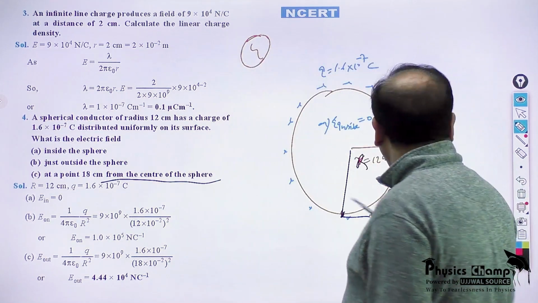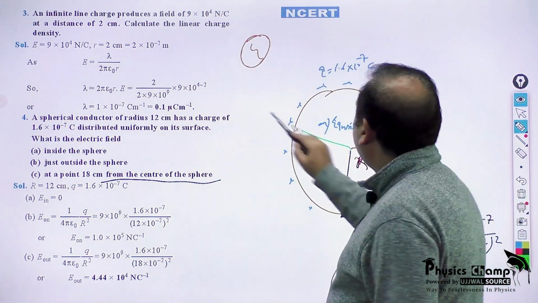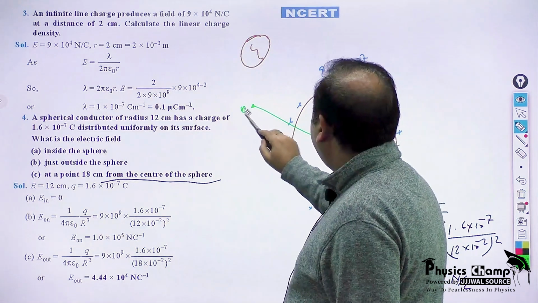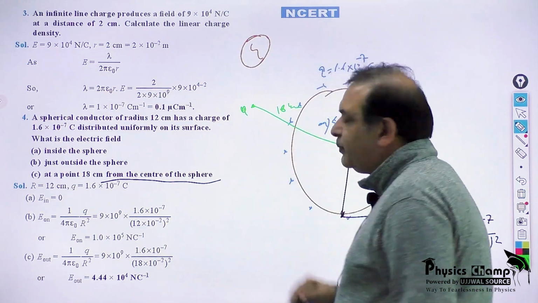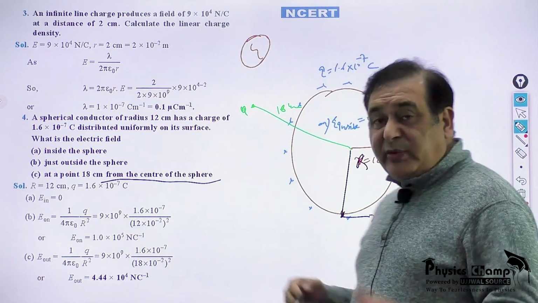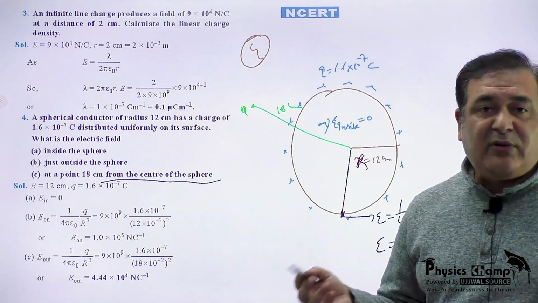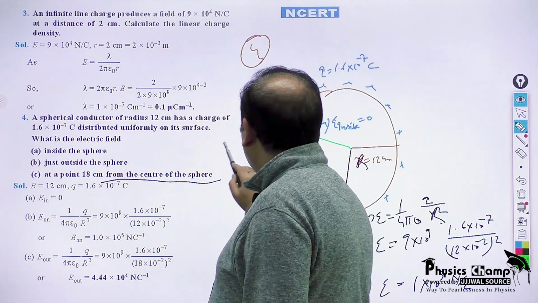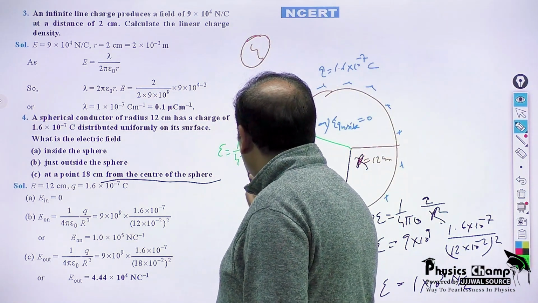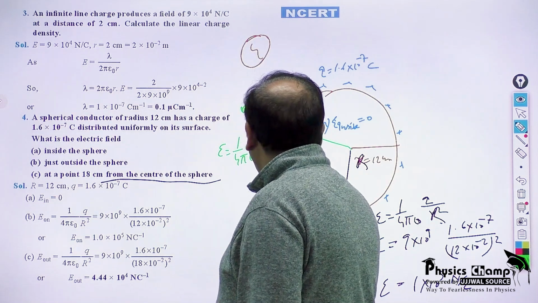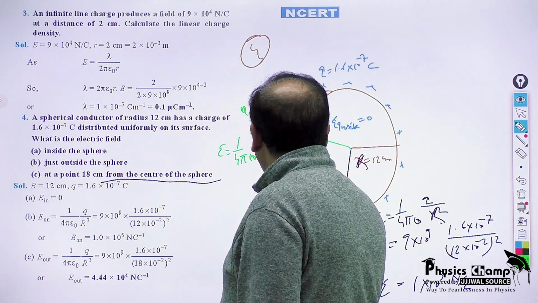So we are also looking for what is the electric field outside at a point 18 centimeter. For an outside point, the whole charge will behave as though situated at the center. So here, I am looking for the electric field, 1 by 4 pi epsilon naught, charge by 18 centimeter square.